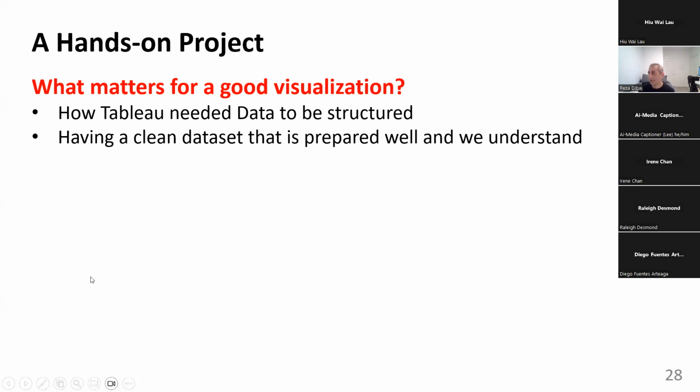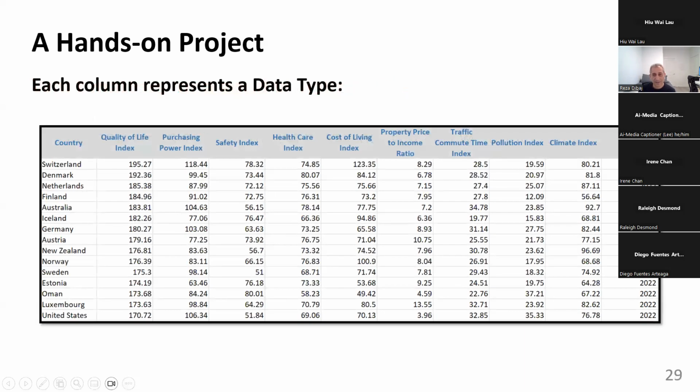The next step is, this is a kind of raw form of the data that we have in Excel. You see we have the quality of life index. For instance, we want to see the relationship between quality of life and the cost of living, right? So we want to see the relationship between index 1 and index 5, where index 0 is country.